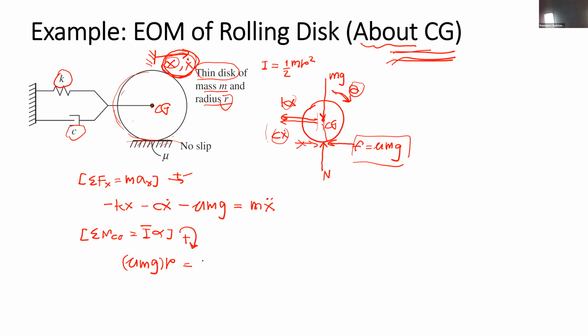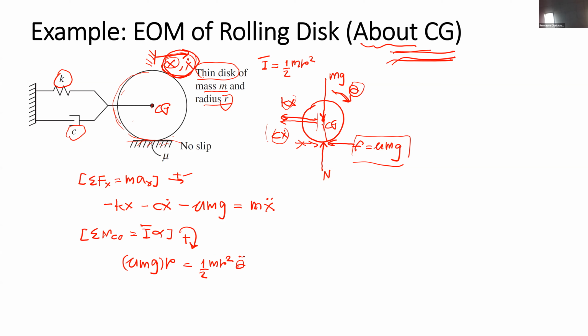and equal to I bar, the moment of inertia about the CG, which is 1/2 m r squared, times theta double dot.